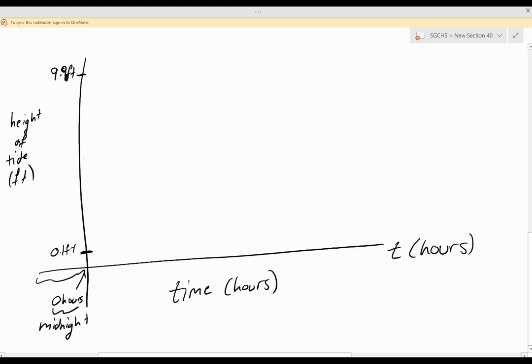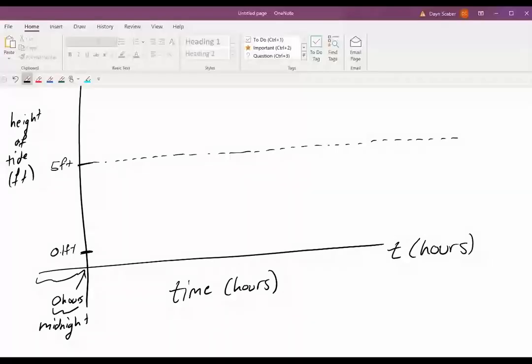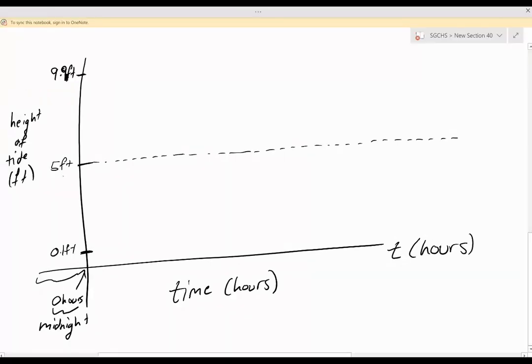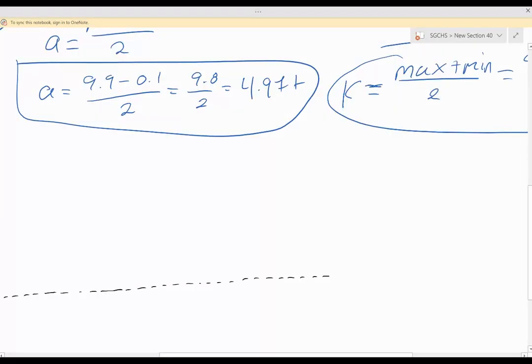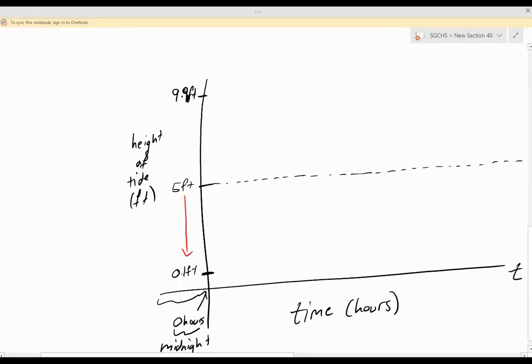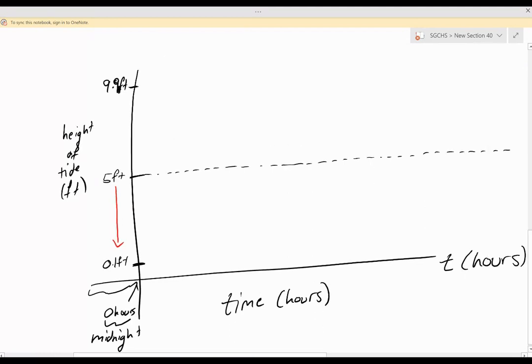We also have our midpoint, which we know is 5 feet, so we can draw a rough line, just lining that out for us. And recognize that our amplitude here, which we figured out to be 4.9 feet, is true. To get from 0.1 to 5, that's 4.9 feet.